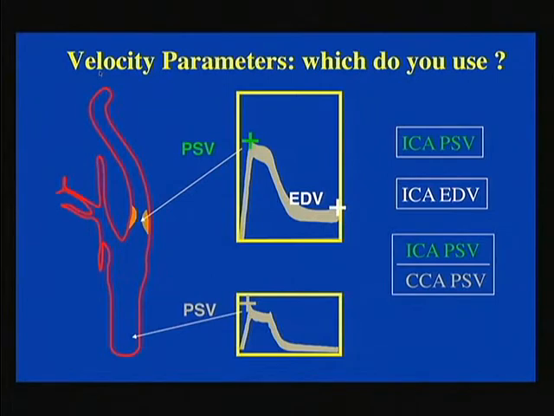Okay. Next step is velocity parameters. Which one do you use? I mean, these are your three current options. Peak systolic velocity at the point of narrowing, end diastolic velocity at the point of narrowing, and the velocity ratio, this point divided by the peak systolic velocity in the common carotid artery.